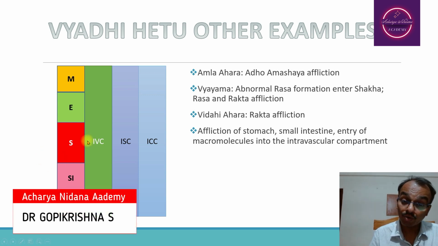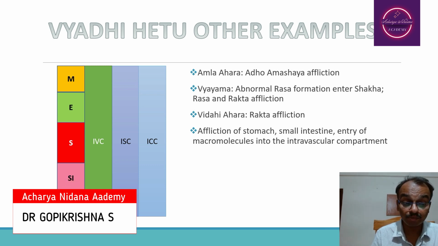Because of the ahara consumption, what actually happens is abnormal blood circulation to the stomach, so this is devoid of proper digestion. Macromolecules present in the stomach cannot be converted into intermediate molecules. In that way, the same will be moving into the small intestine, the macromolecules or intermediate molecules.